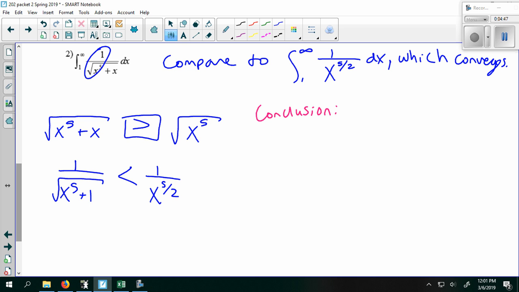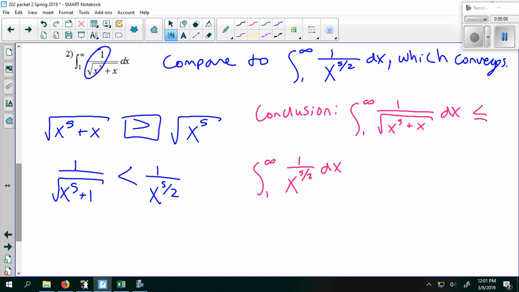Do it in a different color. So the integral from 1 to infinity of 1 over the square root of x to the 5th plus x dx is smaller than the integral from 1 to infinity of 1 over x to the 5 halves dx, which converges.